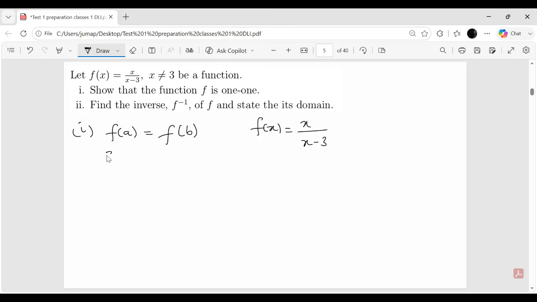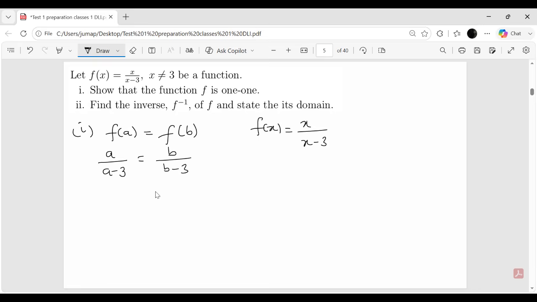So it's going to be a over a minus 3 must be equals to b over b minus 3.